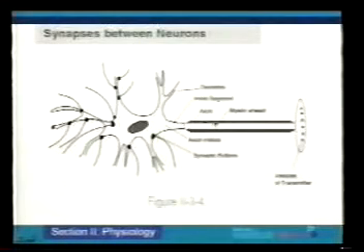And the axon is characterized as having no ligand or very few ligand-gated channels. The axon itself has mainly voltage-gated channels. Now, when this action potential gets to the terminal part of the neuron, we have a situation similar to the neuromuscular junction. You allow calcium to come in here. The increase in free calcium releases the transmitter that may or may not generate an action potential in the next cell.